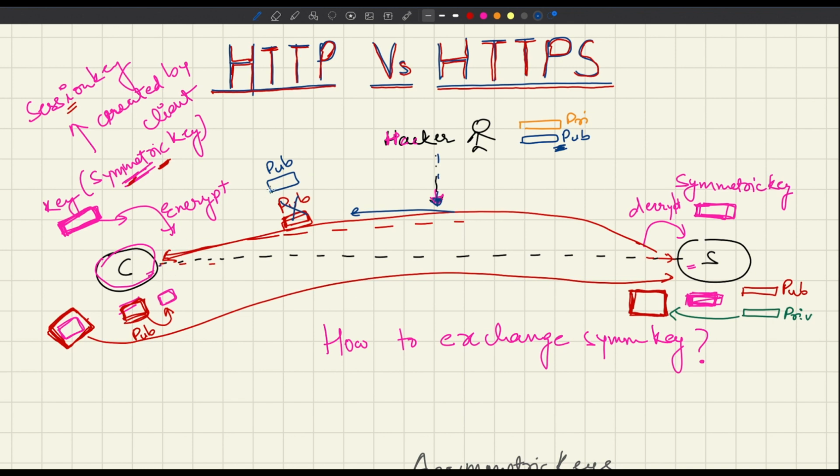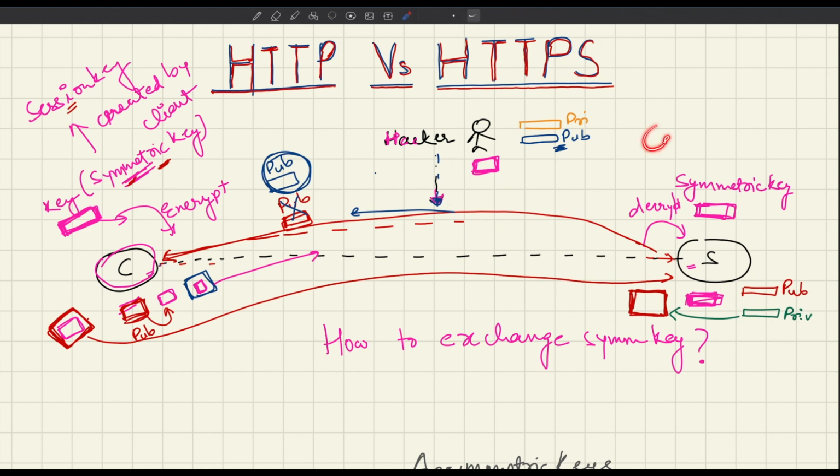Now client is going to have the hacker's public key, but client wouldn't be aware of that. Now client will encrypt the symmetric key with the hacker's public key, right? And once this is sent, the hacker is going to decrypt using its own private key. So hacker is going to have the symmetric key eventually, and the entire communication can be hacked.